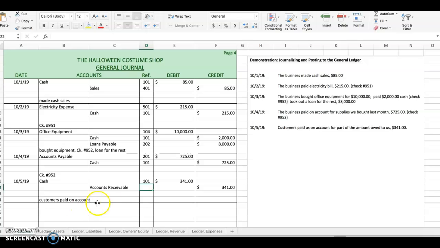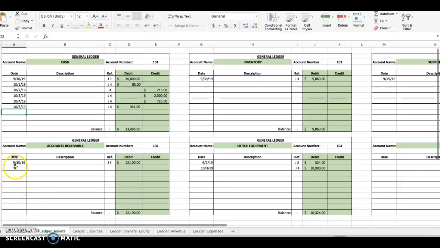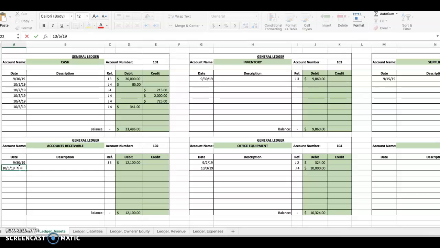Accounts receivable is the credit here because people are paying us, they owe us less, so it has to be credited. So we find that asset account. And we credit by the 341.